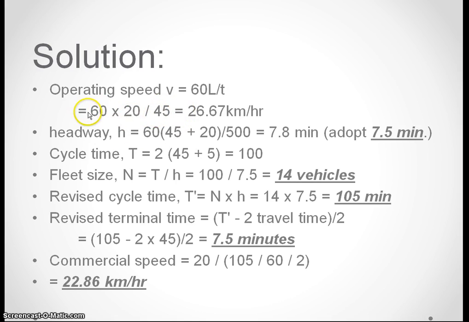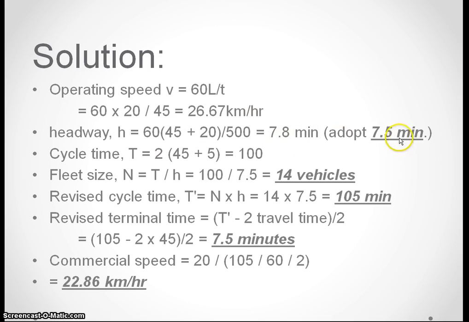So the 60 is to convert from minutes to hours. So the operating speed is 26.67 kilometer per hour. Headway is equivalent to the number of passengers divided by demand. This 60 is to convert from hours to minutes. So now our headway is 7.8 minutes.